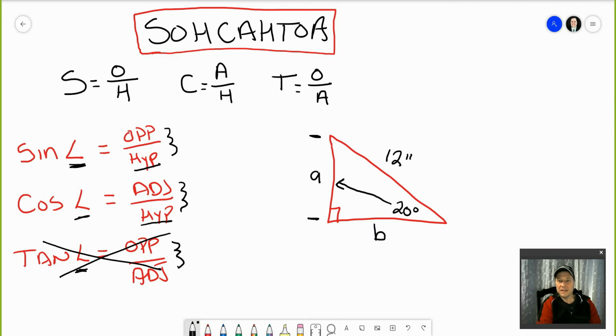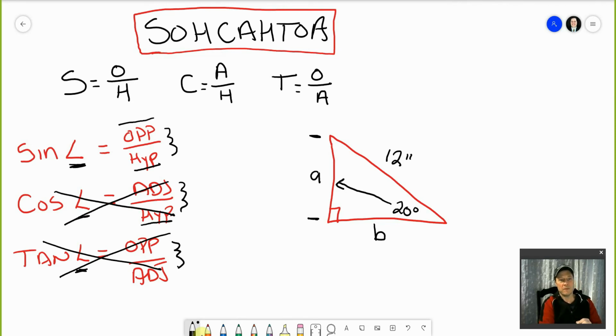This B here is adjacent. Adjacent means a side touching or running along the angle. This side is not touching it; it is opposite the angle. So I'm looking for a formula that has hypotenuse and an opposite side, and that's sine. It has opposite and it has hypotenuse. So I know I don't need cosine.